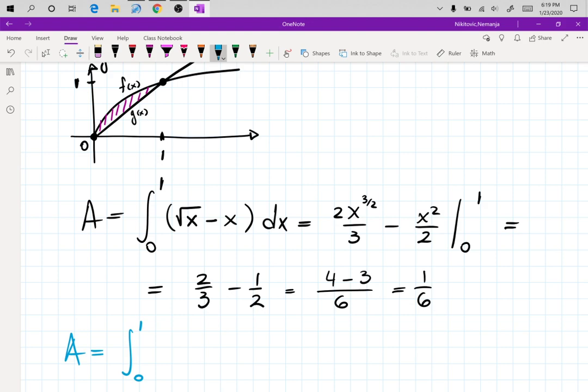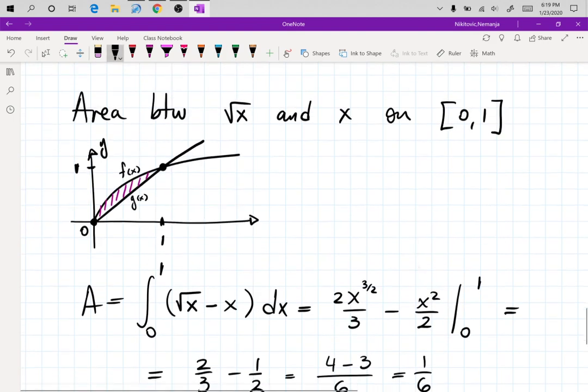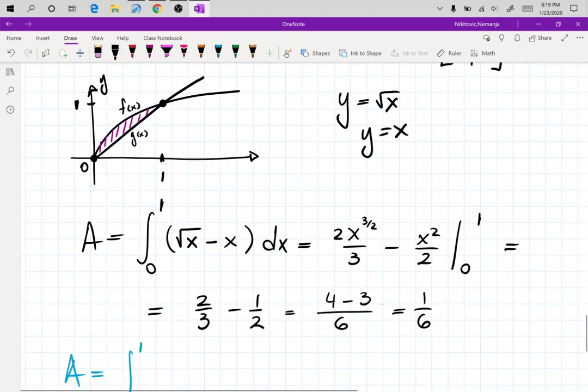So what do I have here? The linear line, I have two functions, guys. I have a function y equals square root of x and a function y equals x, right? We have two functions. When I'm looking in terms of y, my entire integral must be in terms of y.